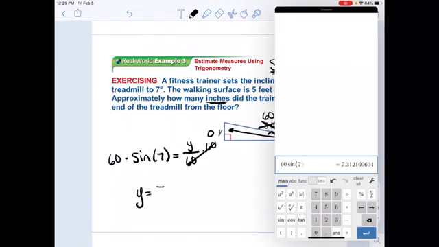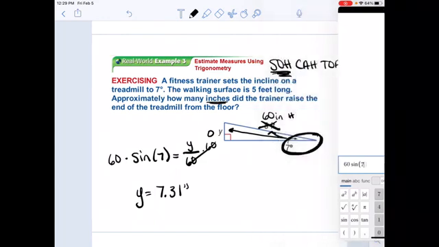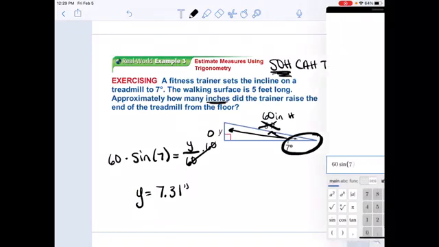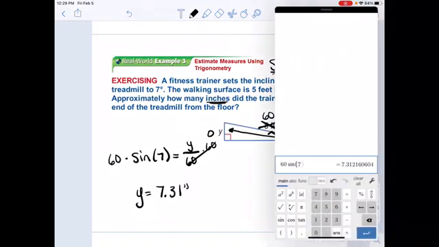So y is actually just going to equal 7.31 inches because we wanted it to the hundredths. Okay, well, never mind. It doesn't say 1/100th of an inch, but I want it to the 100th of an inch. So 7.31 inches.